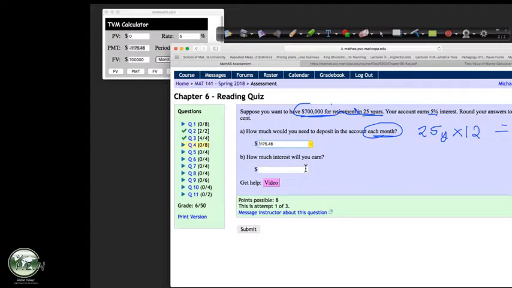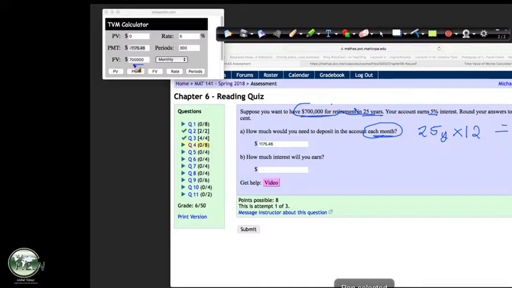I don't know. There's no button up there that says interest. So this is the one calculation we run into this part. Well, how much do we end up with? 700,000, right? Future value, 700,000. That's what we end up with. How much did we pay into it?